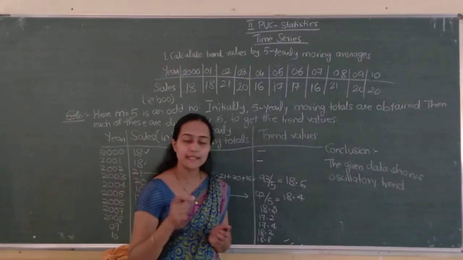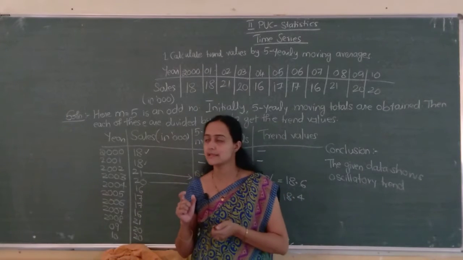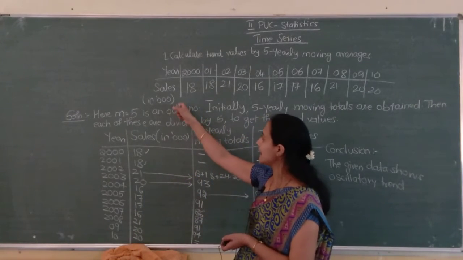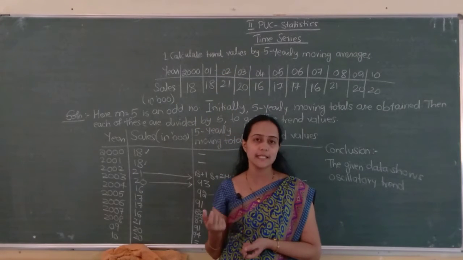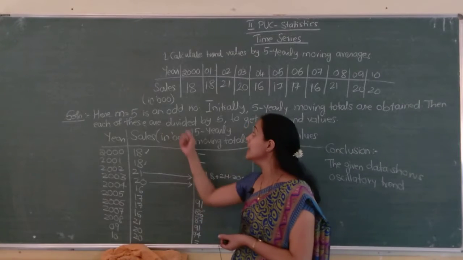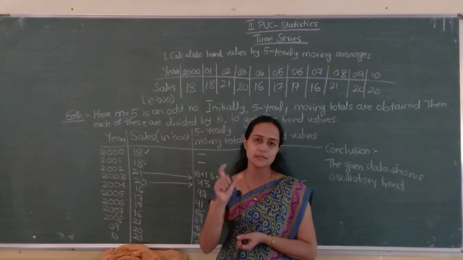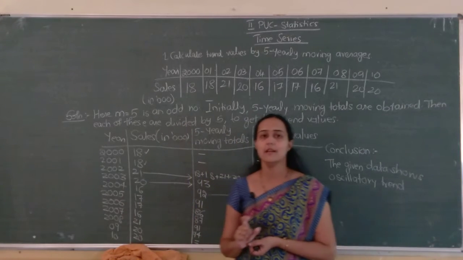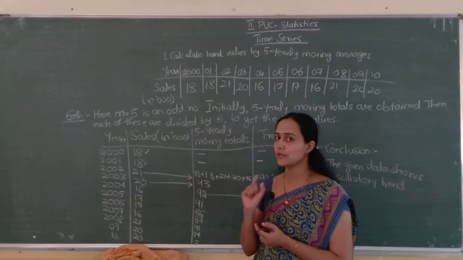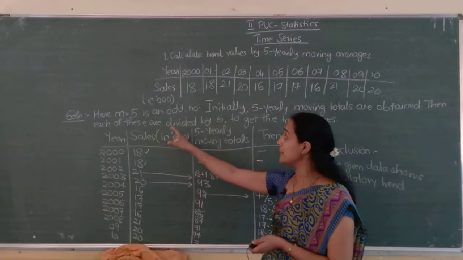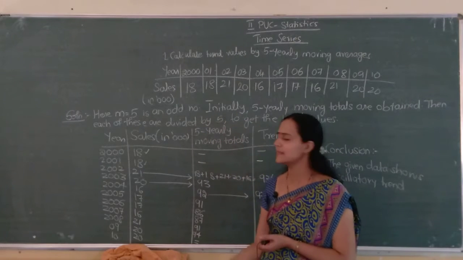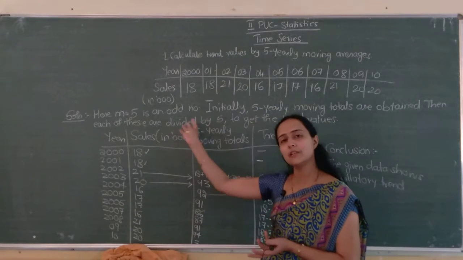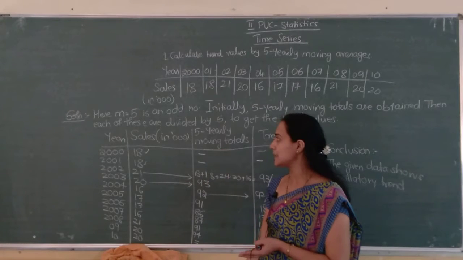Okay, so what all you have to write? Just see, first the year and sales will be there. First you have to see whether 5 yearly or 3 yearly, which one we have to compute. Next, in the solution first you have to write the procedure, whatever the procedure may be. So here m equal to 5 is an odd number. Initially 5 yearly moving totals are what we are finding here, that you write.